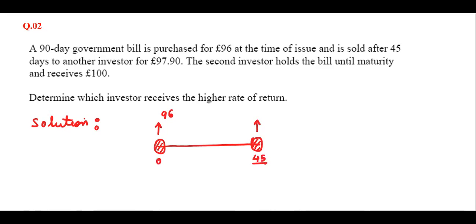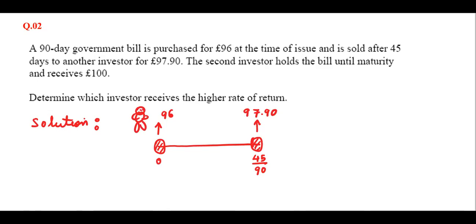That means he purchased the 90 days government bill. To redeem, you need to wait for 90 days, but due to some reason, he sold it after 45 days at 97.90. So these are two different people, okay?